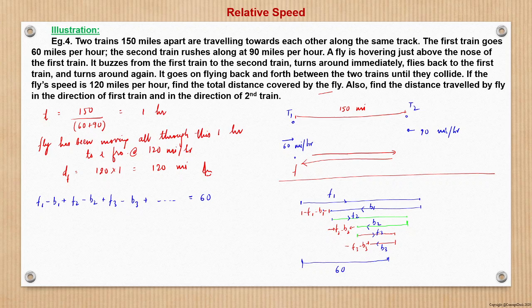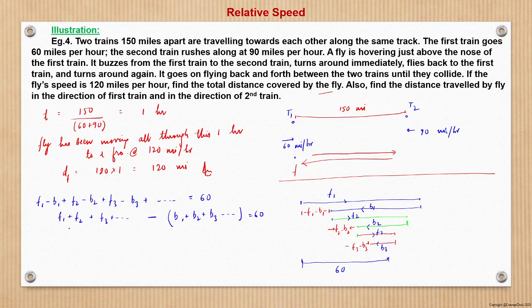All these gaps, if added, result in the final distance. So I can write this as F1 plus F2 plus F3 and so on, minus B1 plus B2 plus B3 and so on, that is 60.